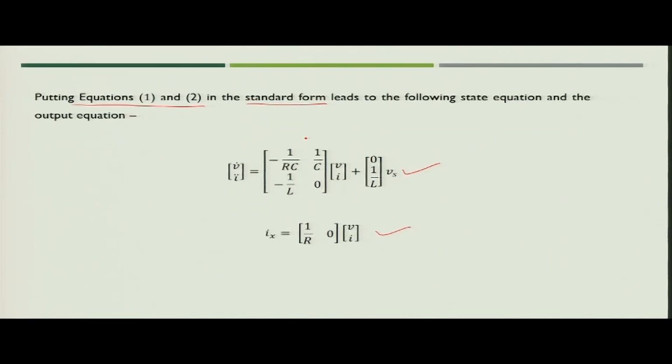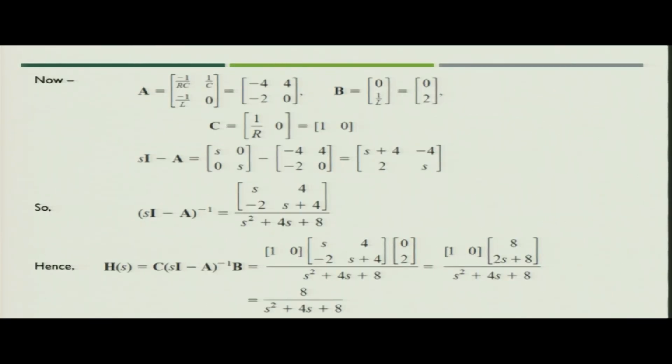Now, you have got A, you have got B and you have got C. Of course, D is 0. So, what we will do? We have A equal to minus 1 by RC, 1 by C, minus 1 by L and 0. These are the matrix elements. If you put the values of R and C, you get A as minus 4, 4, minus 2 and 0.